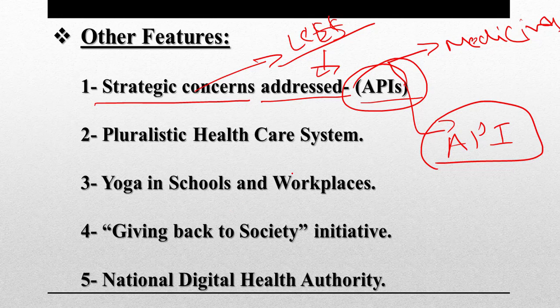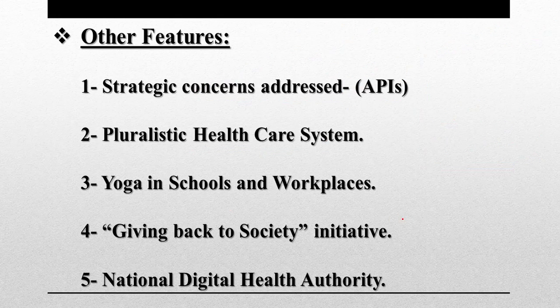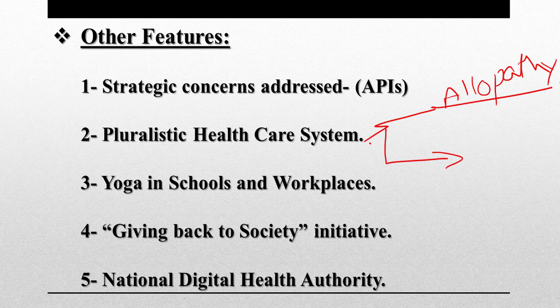Second thing is the pluralistic healthcare system. It means an integrated continuum of different spheres where all these sectors would be integrated. We are primarily reliant on allopathy now. There are certain diseases for which treatment is still not available in allopathy. The research has not been done, or it has not culminated into some treatment.